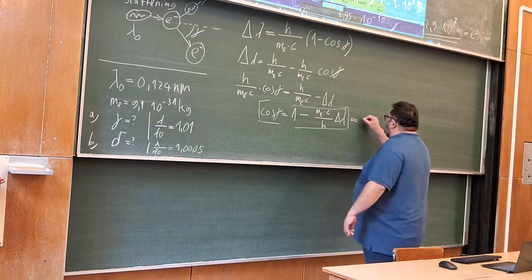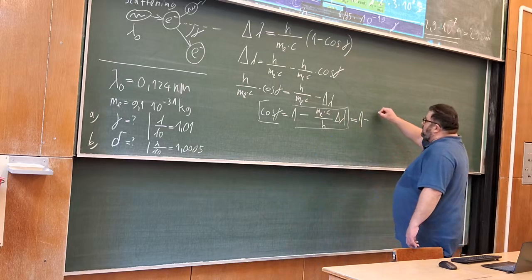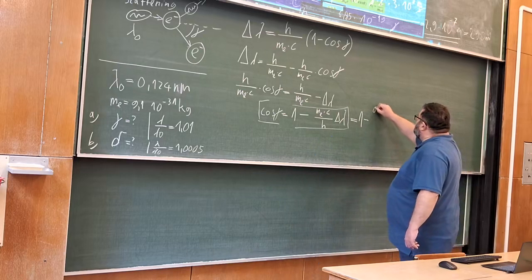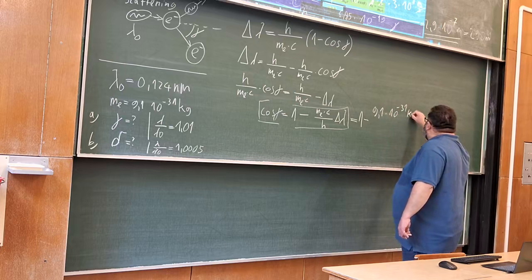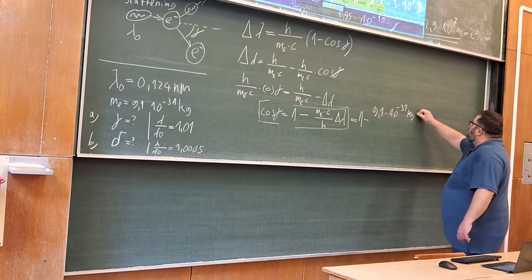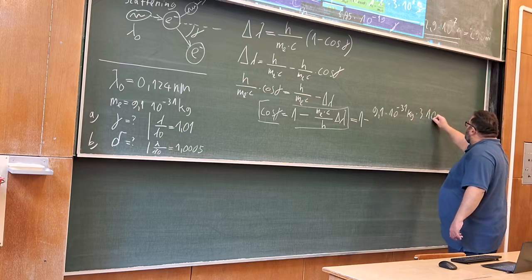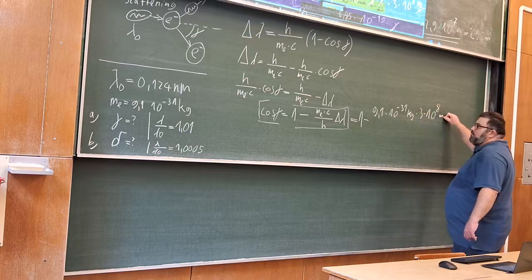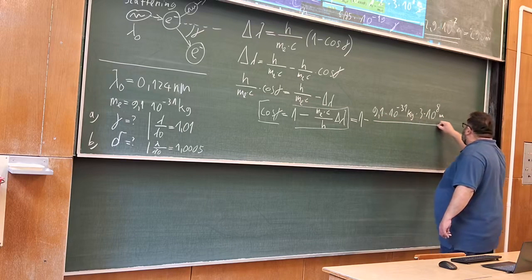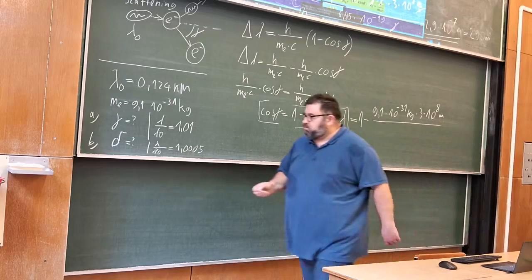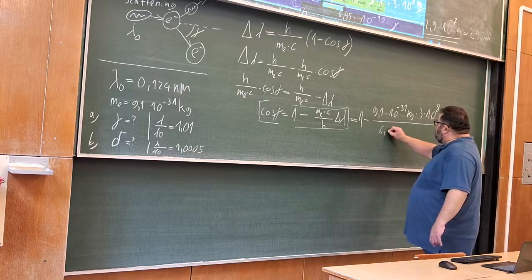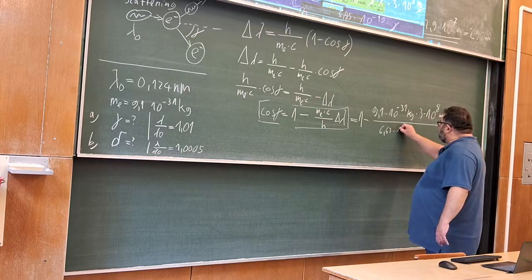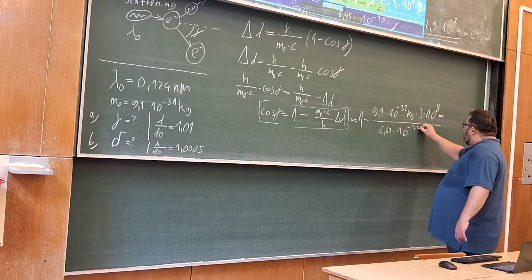So this is 1 minus, was it 6.62 times 10 to the minus 34? Please help me.